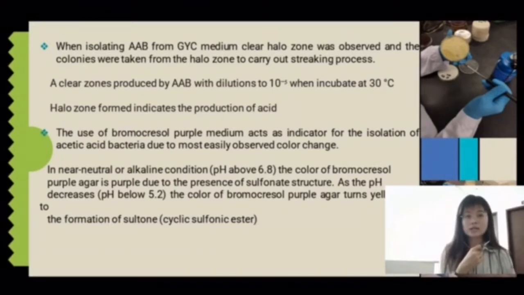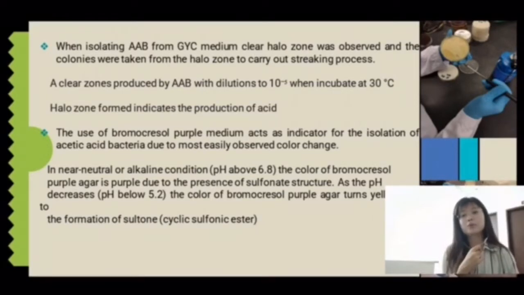The clear zone forms due to the production of acid, which shows there is a halo formed. The clear zone is formed when we take the dilution of the acetic acid bacteria at 10 to the power of -5 and incubate at 30 degrees Celsius.